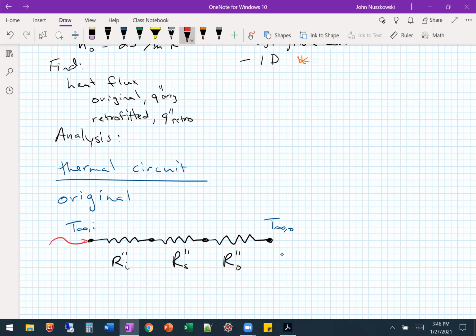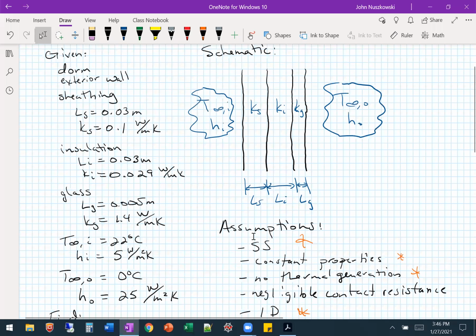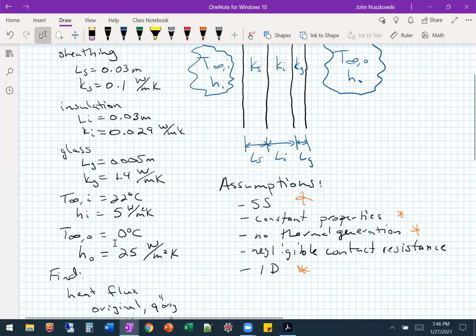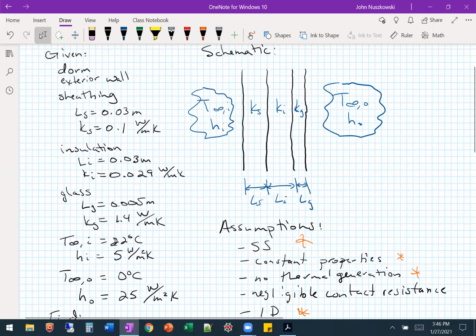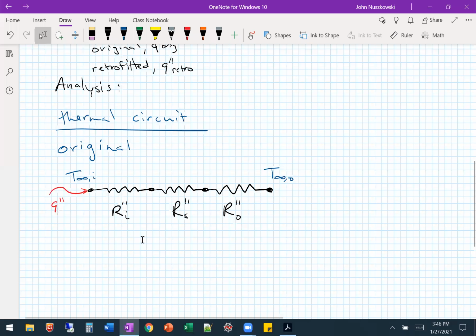And I'm doing heat flux because we have a plane wall, and they didn't give us anything about cross-sectional area. Okay, so then it just asked for heat flux, right? And it's the same cross-sectional area because it's a plane wall. So it's the same heat flux to the left, to the right. Okay, so the same heat flux is what's going through the whole thing.